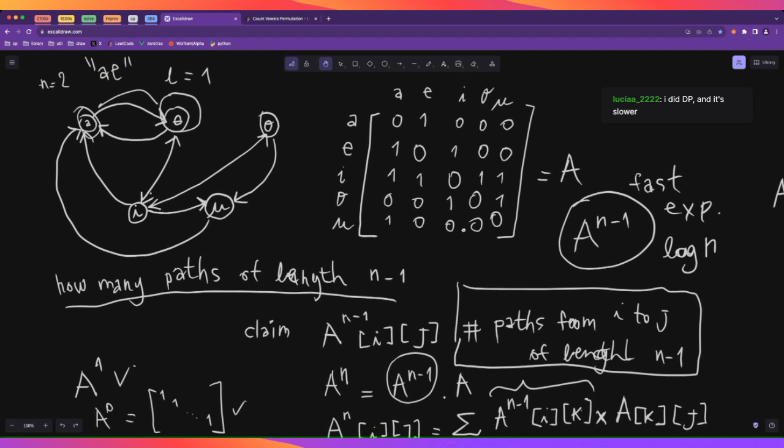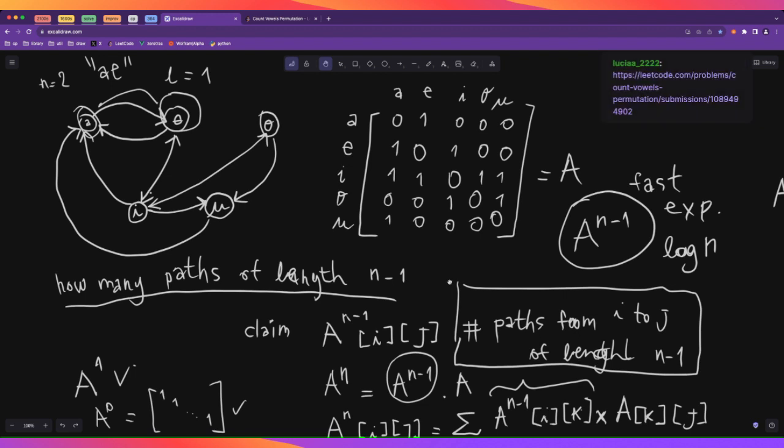It works for counting paths of a specific length on any graph. So that's a tool that you can incorporate into your toolkit. Anytime you want to count paths on a graph, remember this.